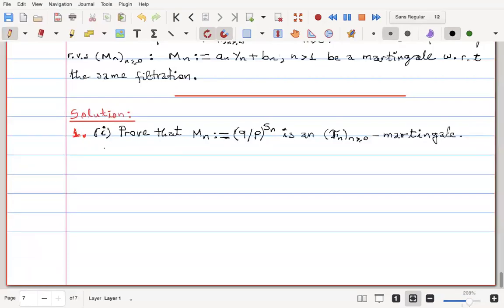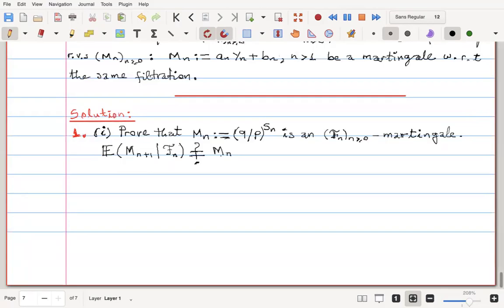We are going to show that the conditional expectation of M sub n plus 1 given F_n is equal to M_n. If we succeed in proving this, then we are done.